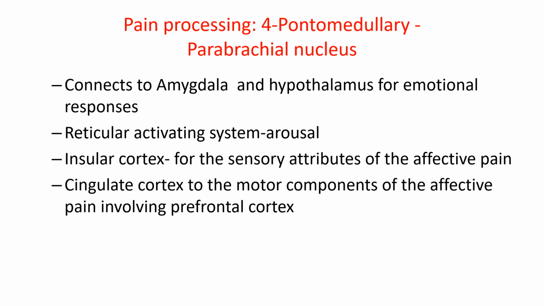That I will come to when I talk about the insular cortex. Then they will also send impulses to the cingulate cortex, for the action, for the cognitive component of this affective pain, which in turn talks to the prefrontal cortex. This is what happens by the parabrachial nuclear relay.